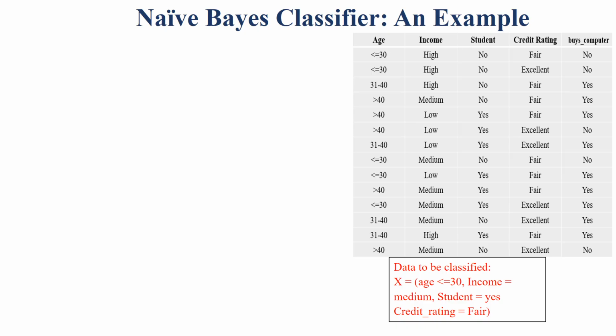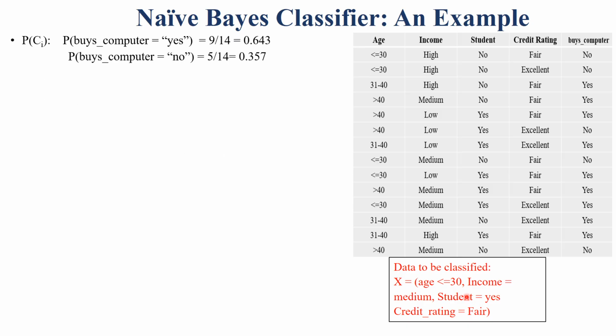Given this particular training data set, and this is the data that we have to classify, let us see how we need to proceed. Probability of a class. From the table we can see this is the class label. There are only two different classes, say no and yes: buying a computer no, buying a computer yes.